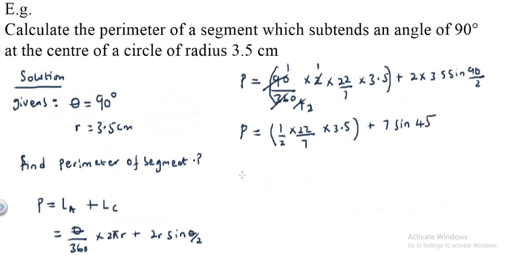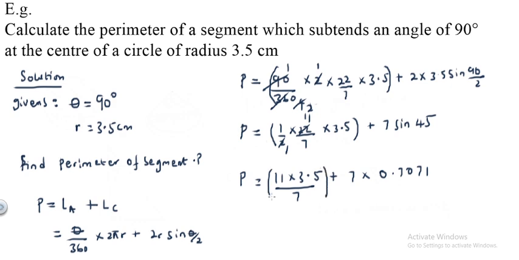And simply going further, P: 2 here is 1, 2 here is 11. So I have 11 times 3.5 over 7 plus half times 7 times sine 45. From a calculator, sine 45 is 0.7071.